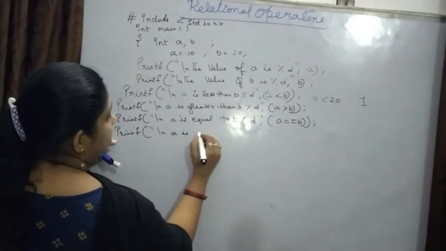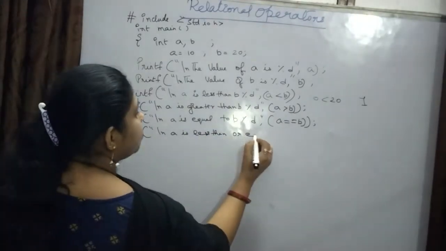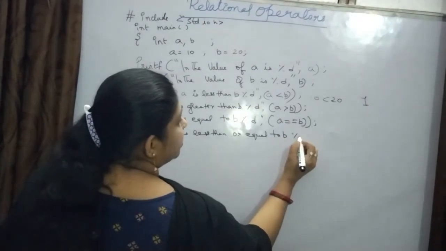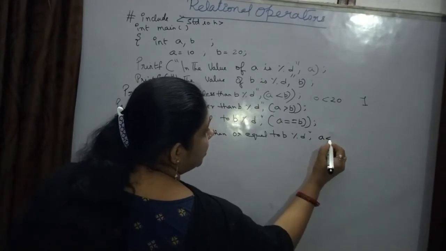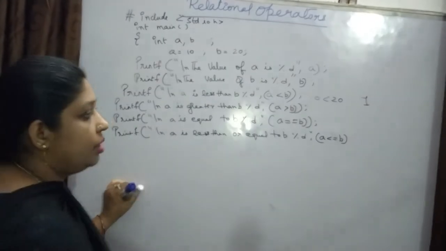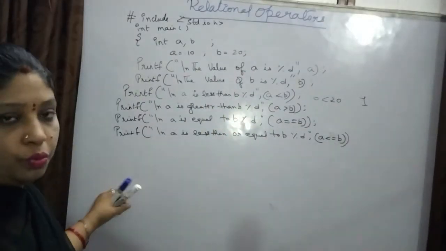Now a is less than or equal to b. %d, comma. Here what you are going to write, a is less than or equal to b. That means two conditions you are giving there. So if this satisfies, it gives the value true, 1.